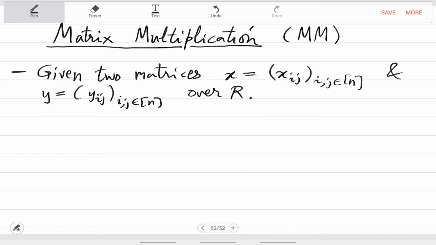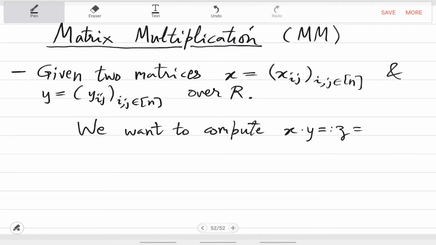Then you have the classical definition. So you want to compute x times y, which is say z. This will also be n cross n, of course.